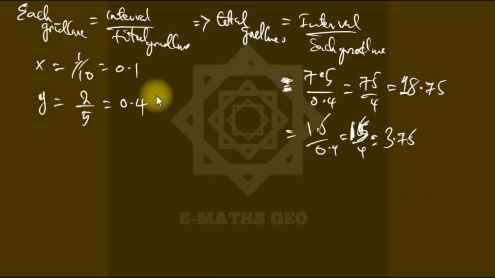So in that same way we do 2.5 divided by 0.4, which is 25 over 4. So 25 over 4 is 6.25.